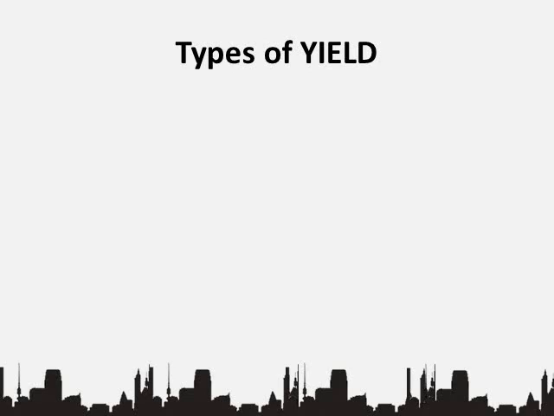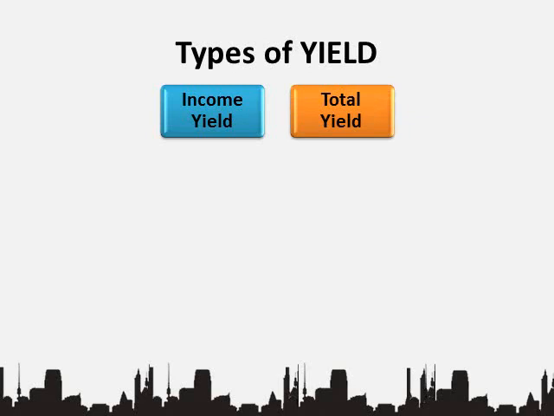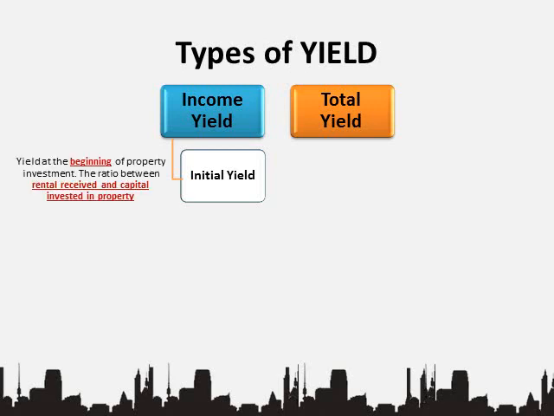Then we look at the types of yield in property investments. There are two types of yield, which are income yield and total yield. Income yield is divided into three. The first one is initial yield, which is the yield at the beginning of the property investment, calculated for the current investment.